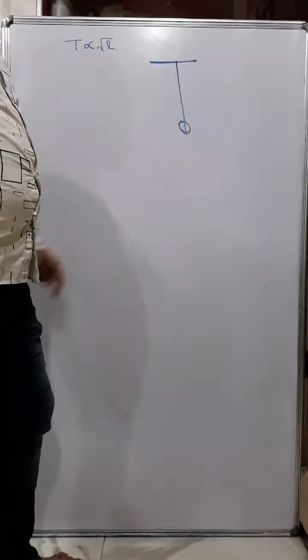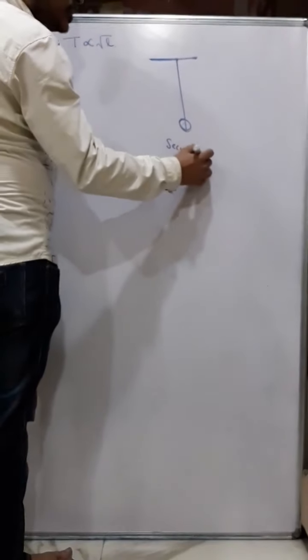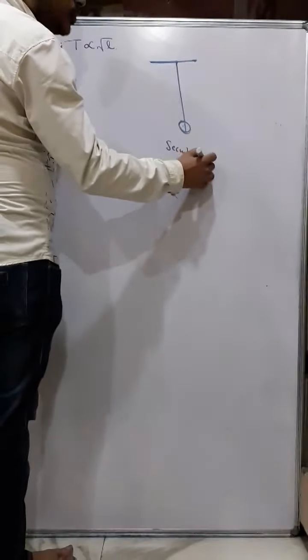Now if you take a normal pendulum clock, this pendulum is known as a seconds pendulum. Now what is a seconds pendulum? A seconds pendulum is a pendulum whose time period is equal to 2 seconds.